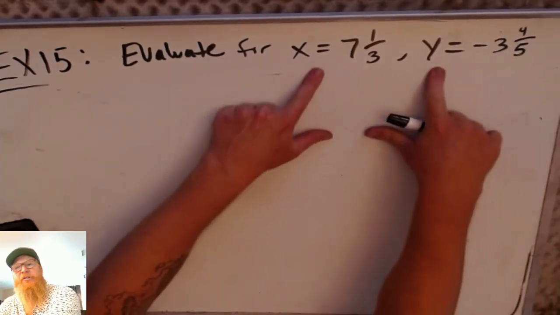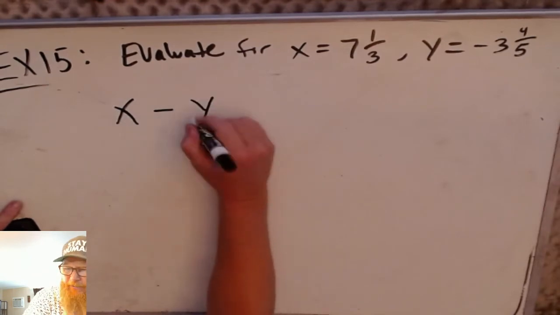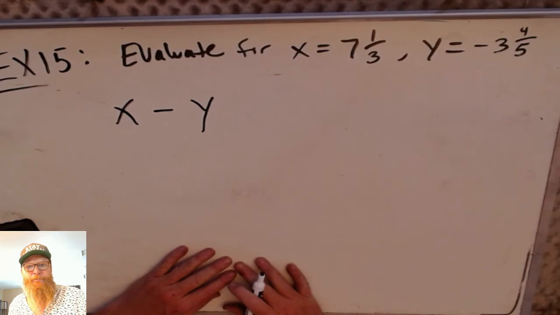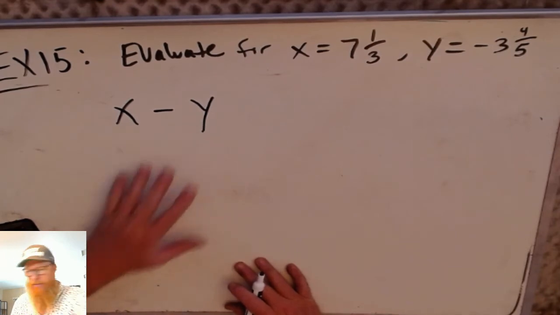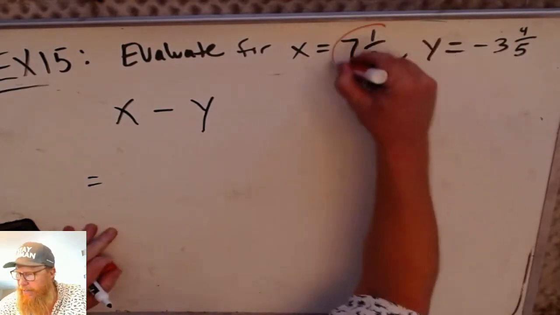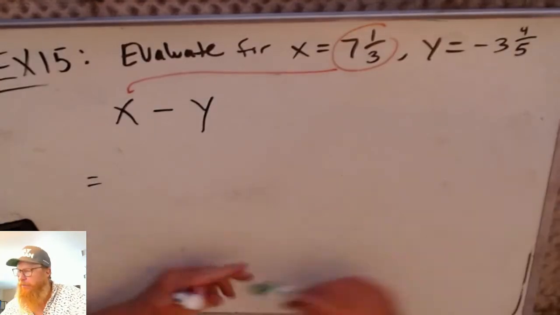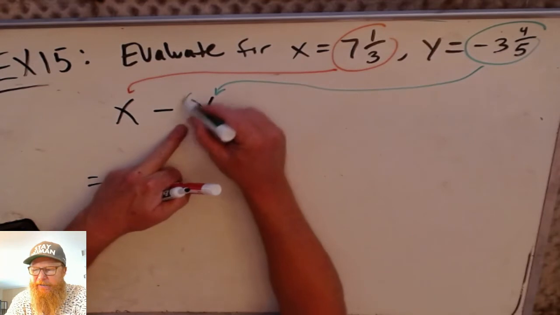So this time it's a two-variable expression, and let's make the expression x minus y. So this is your expression. You need to be very careful. I mean, you should be careful all the time when you're doing math, but especially when there are negatives.